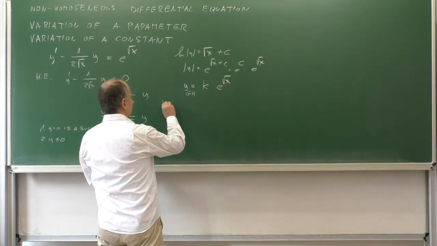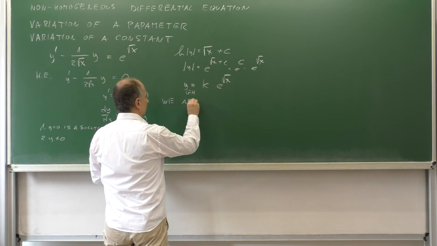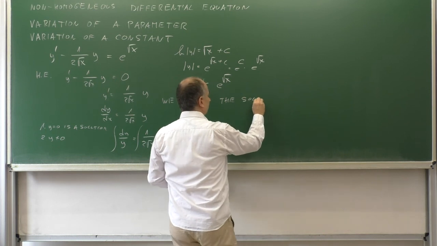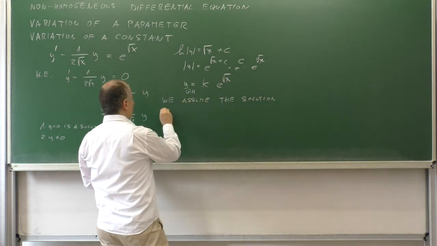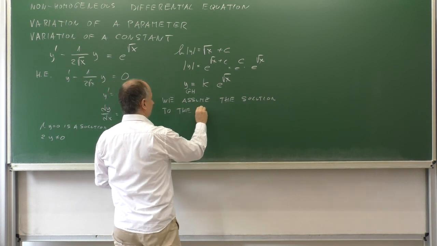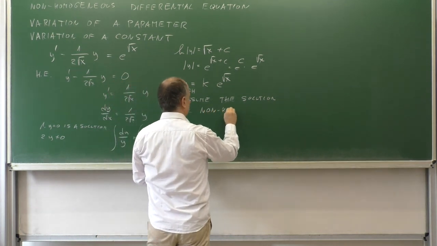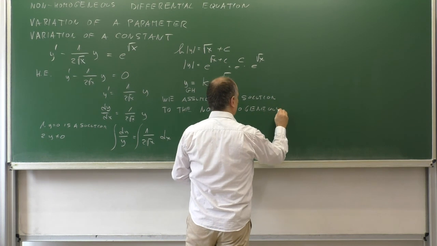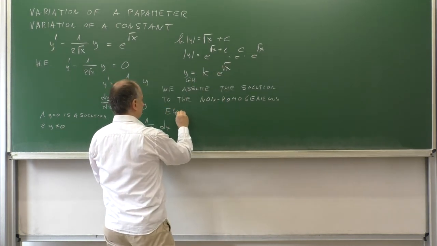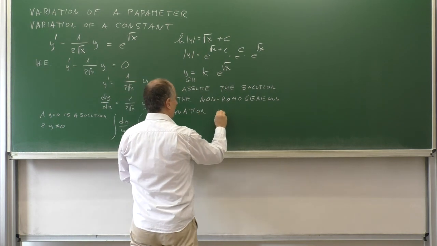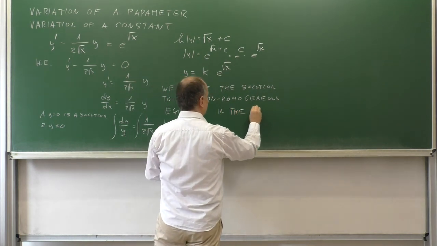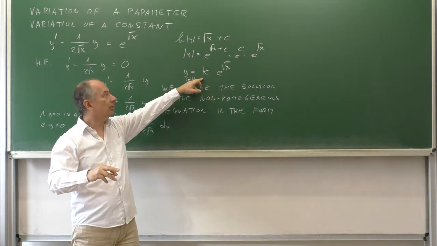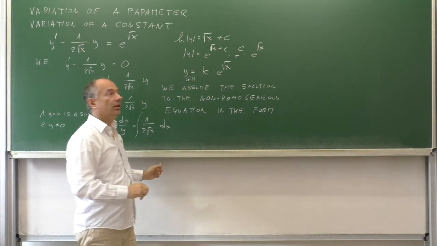So we assume the solution to the non-homogeneous equation in the form that resembles the general solution to the homogeneous equation, now k be a constant.